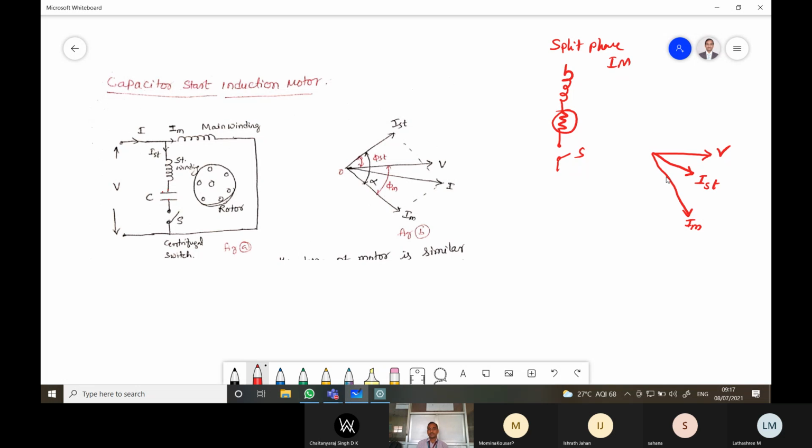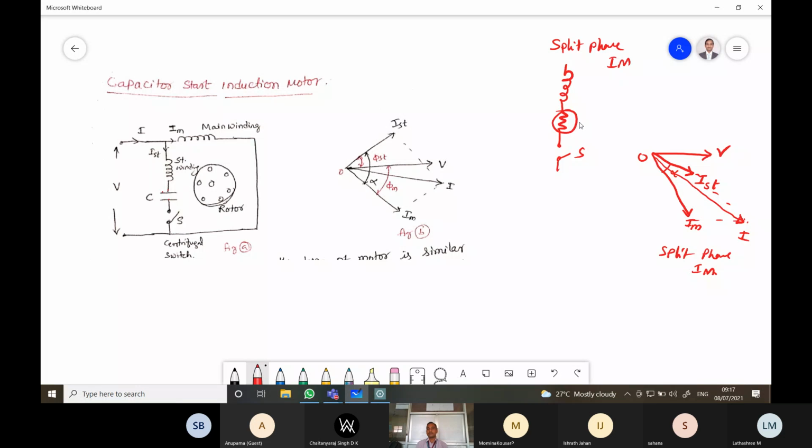The angle between Ist and Im is called alpha. The summation of these two gives the total current I. This is the vector diagram for the split phase induction motor.